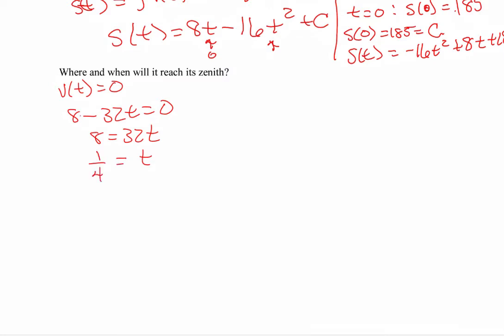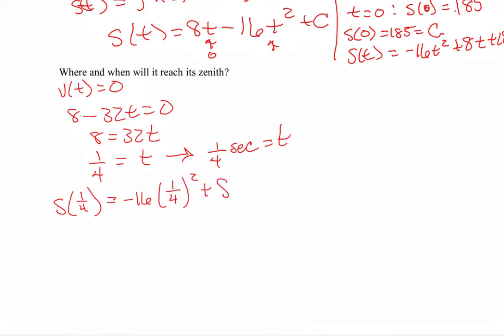So that's at 1/4 of a second, when we're at our highest point. So now, what is s of 1/4? That's negative 16 times 1/4 squared plus 8 times 1/4 plus 185, which equals 186.